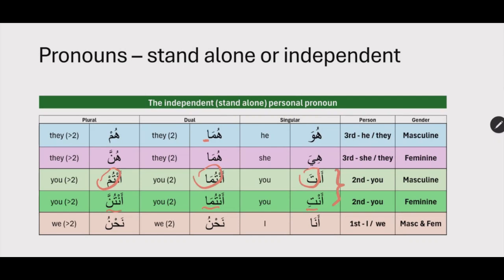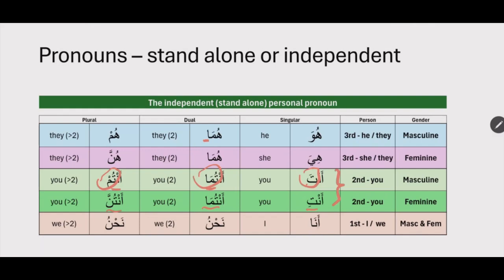This feature is going to appear even in the verb. You'll have katabta, katabtuma, katabtum coming in to agree with this pronoun we've just learned. Anta and tuma antum. Likewise, anti and tuma antunna, same way. You have katabti, katabtuma, katabtunna. So the second person is quite easy to derive from the pronoun form.